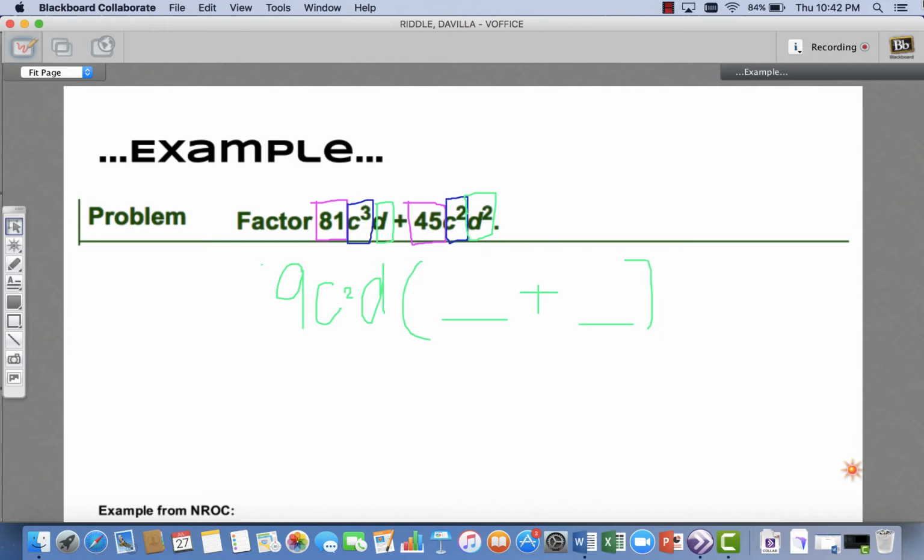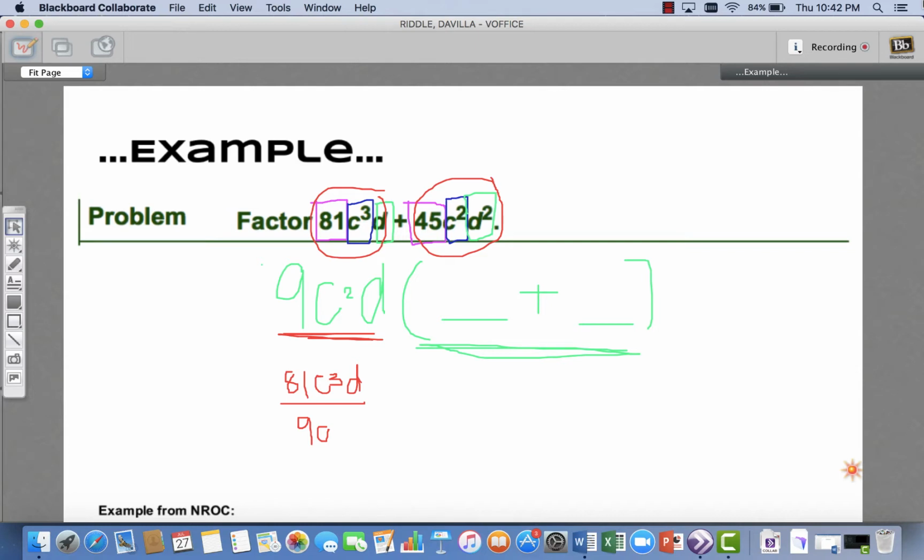So remember that when we want to find the terms that are inside the parentheses, we're going to divide each of these terms, the 81c cubed d and the 45c squared d squared, by the factor that we pulled out. So let's look at them separately. So we have first 81c cubed d, and let's divide that by a factor, 9c squared d. Now we're going to group like terms together.